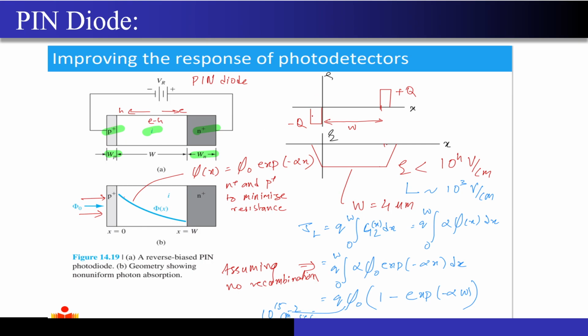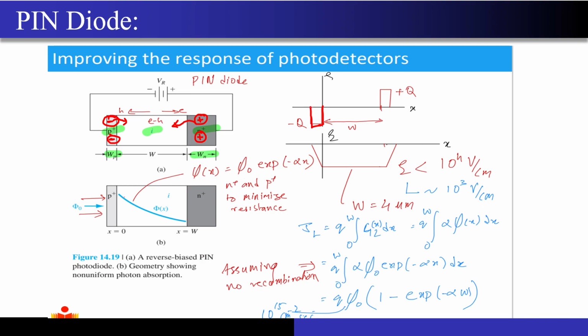If you look at the charge diagram, correct, then I will get negative charges like this. Why did this happen? Because the holes from here moved into the intrinsic region, and electrons from the n plus moved into the intrinsic region, so they left behind the positively exposed phosphorus atoms, and on this side they left behind the negatively charged immobile boron atoms, correct?